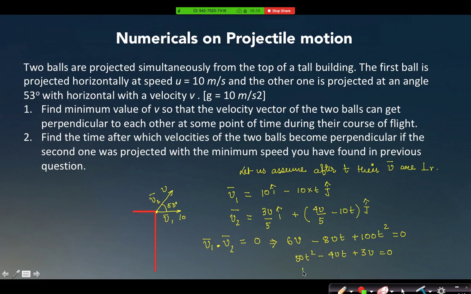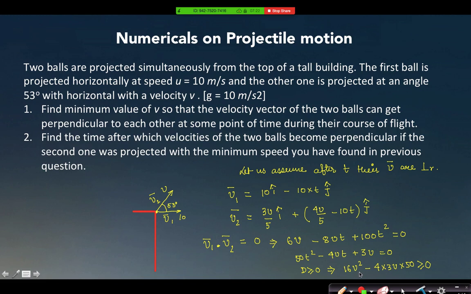So what is the discriminant? We will write discriminant greater than or equal to 0, and the discriminant is b square, that is 16v square, minus 4ac, that is 4 into 3v into 50, greater than or equal to 0. In that case, we will find the limiting value of v.